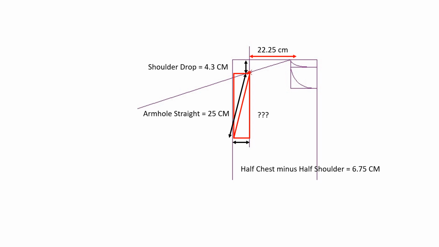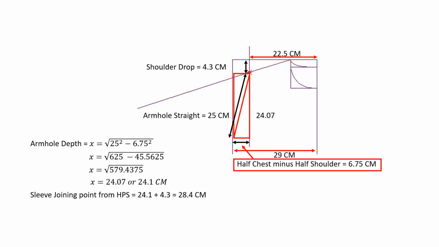The armhole measurement is 25 centimeters, and the difference between the chest measurement and the shoulder measurement divided in half is 6.75 centimeters. The square of the armhole measurement, that is 25, is equal to 625, and the square of 6.75 is equal to 45.5625. 625 minus 45.5625 is equal to 579.4375.